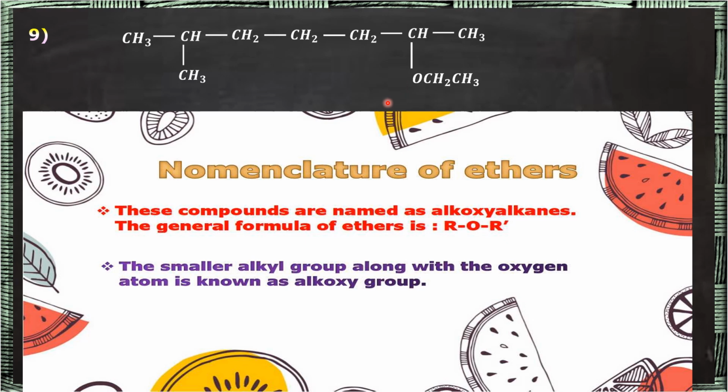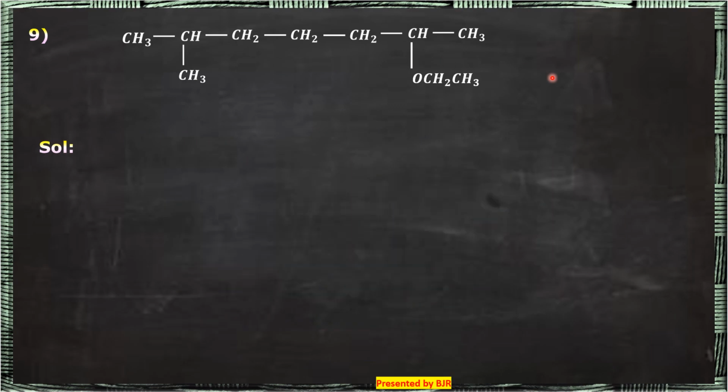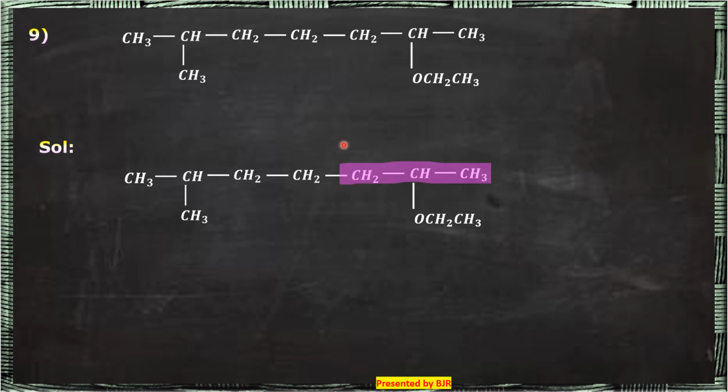So we have to provide the IUPAC name of this ether. This is the parent chain, and here methyl and ethoxy, these two are the substituents. They are not the functional groups. So these two substituents are competing for the same position.